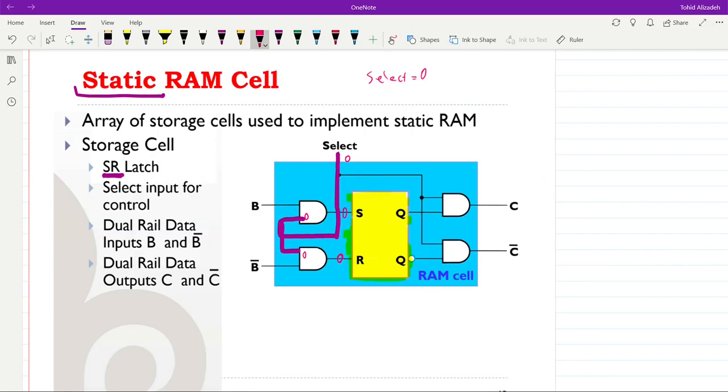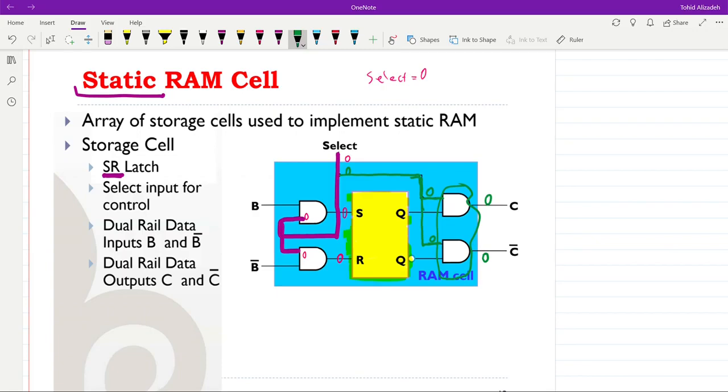On the other hand, this select input is also connected to the input of the other 2 AND gates that we have on the output side. You can see over here that if select is equal to 0, one input to those AND gates will also be equal to 0, and then the C and not C outputs on the output side will also be equal to 0.